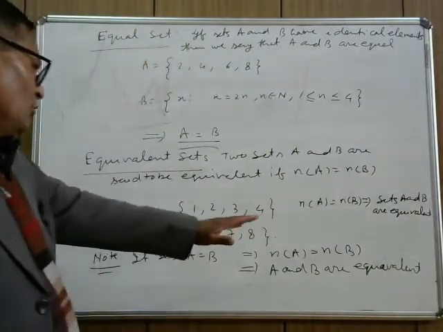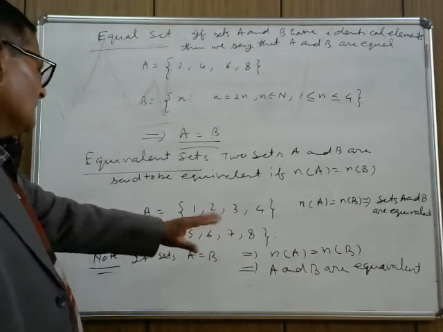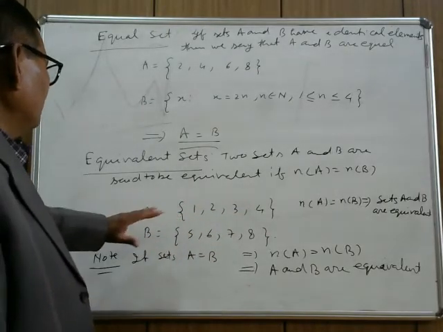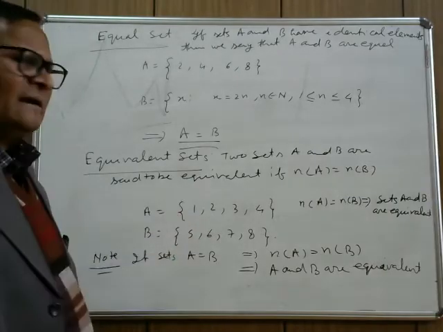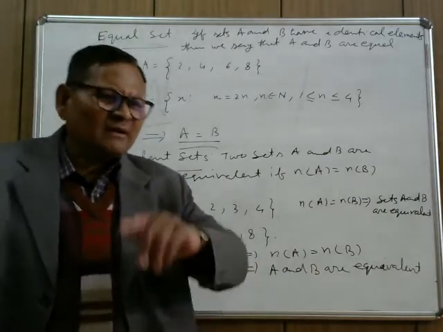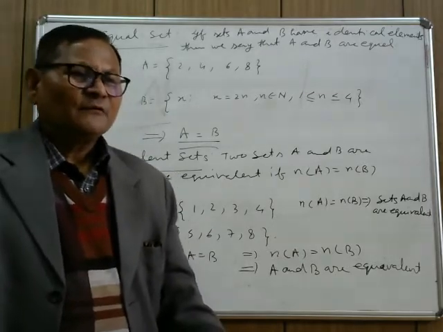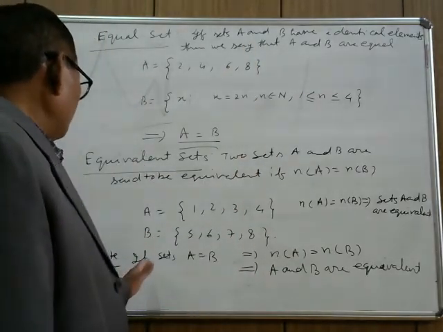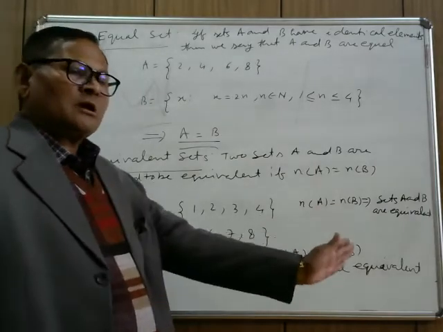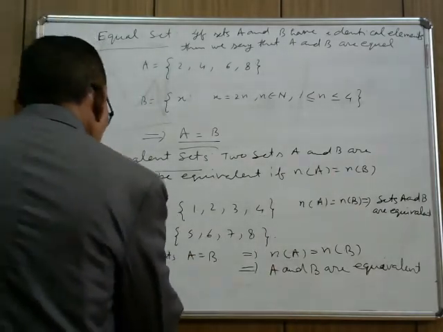But when you apply the definition of equal sets on the given equivalent sets, you find that their elements are not the same in any sense. So they are not equal. The converse is not true. If sets A and B are equal, then they are equivalent. This is your first point.